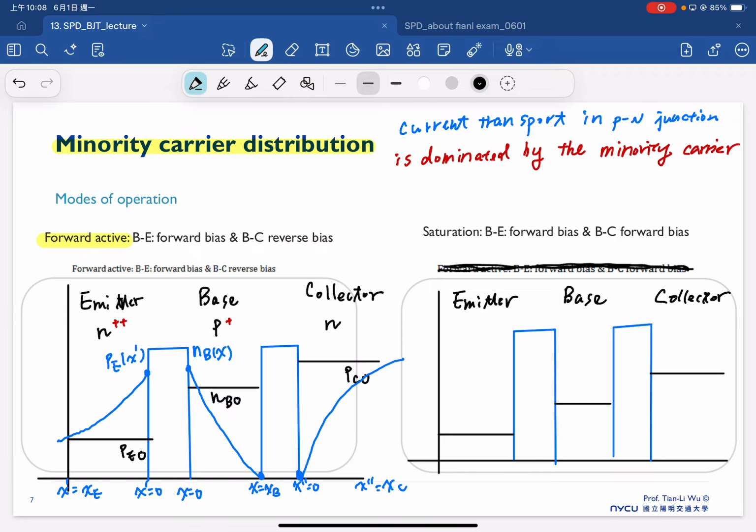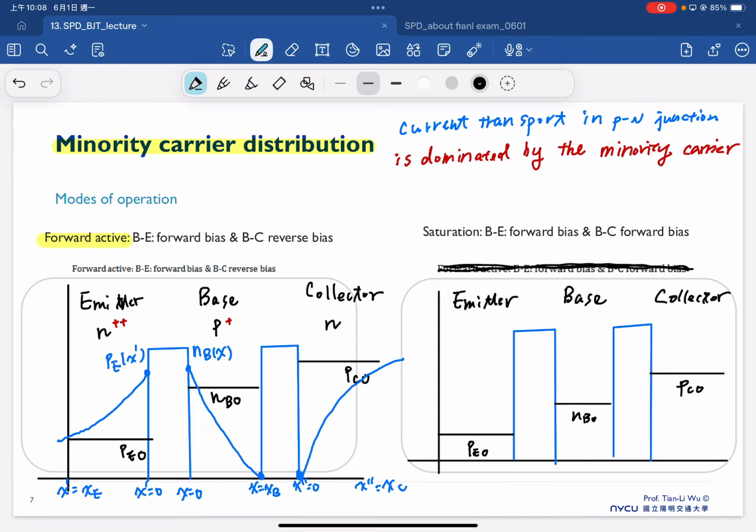So therefore we have the PE0 here. We have the NB0. And we have the PC0 here.